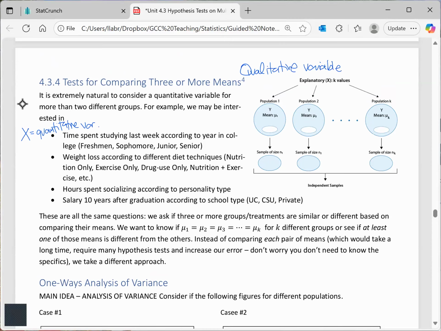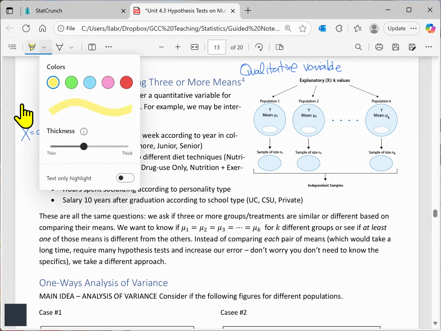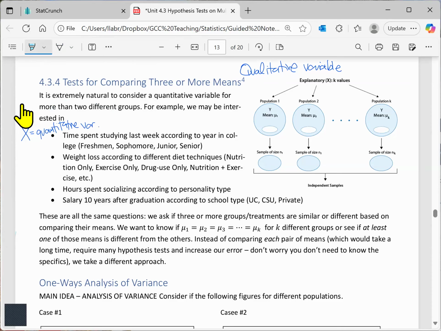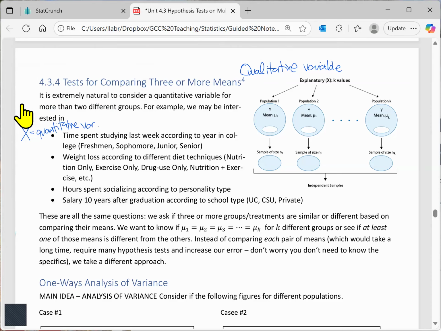So let's go ahead and take a look at our first example here that says the time spent studying last week according to year in college. So in that case, the random variable of interest x is, of course, the amount of time that students spent studying. Notice that that is quantitative.